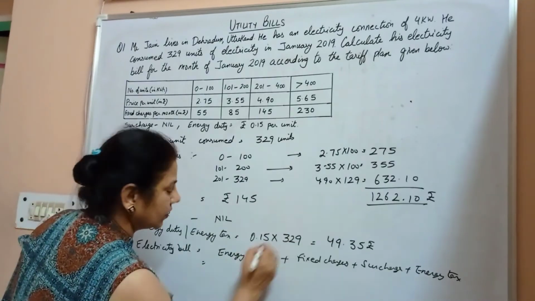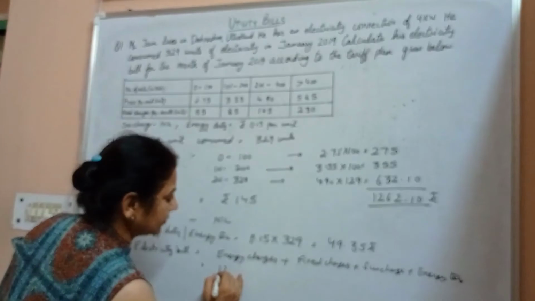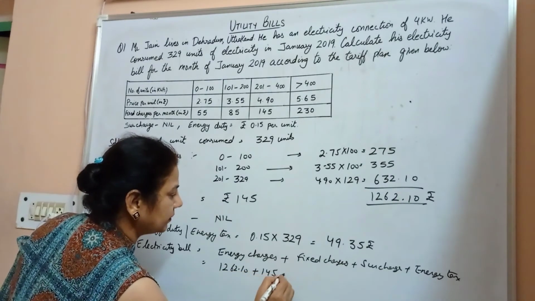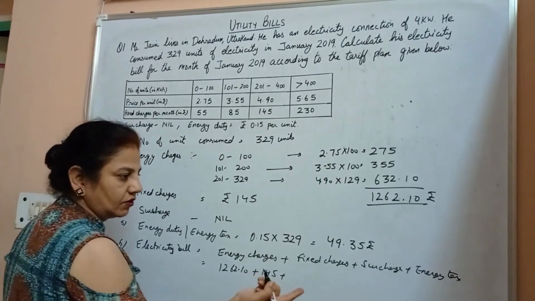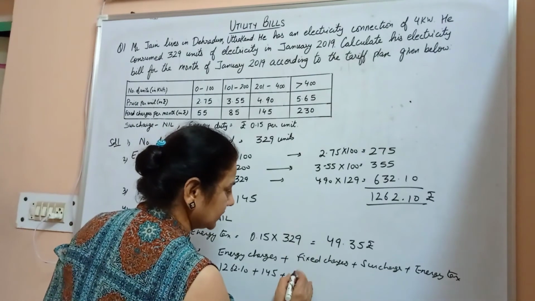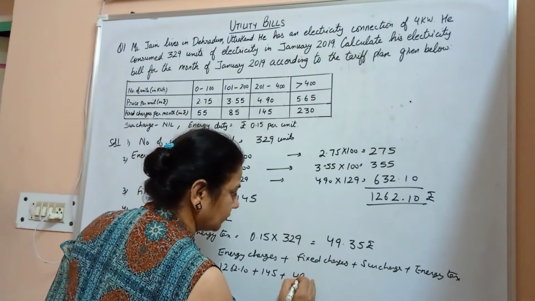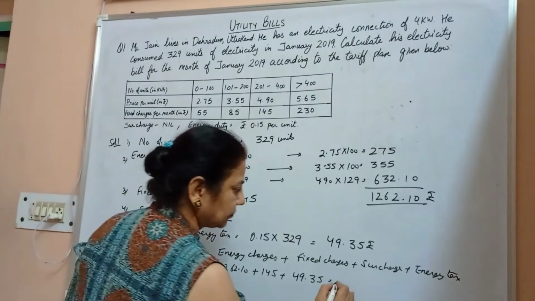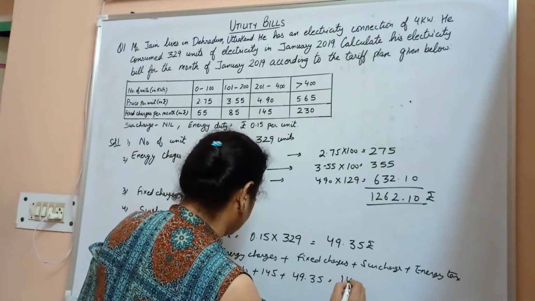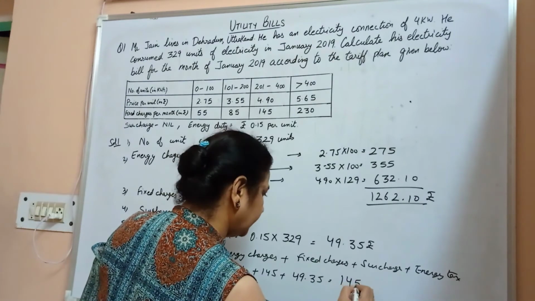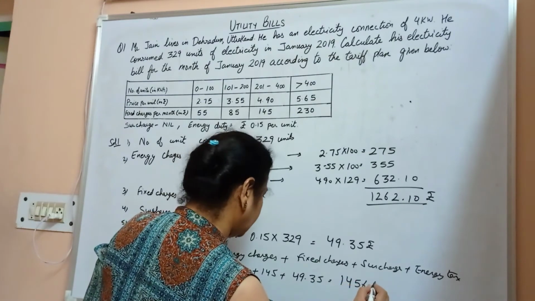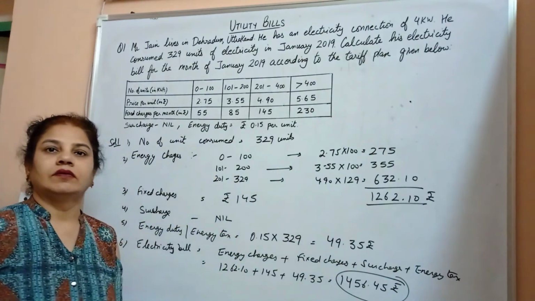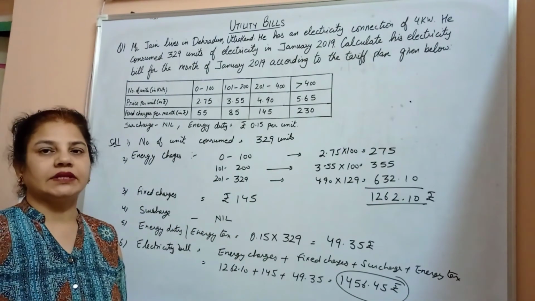That comes out to be 1262 rupees 10 paisa plus 145 rupees. As surcharge is nil, we need not add anything. Then plus energy tax, 49 rupees 35 paisa. Adding all this, we get 1,456 rupees 45 paisa. So this is the electricity bill for the month of January that Mr. Jain has to pay.